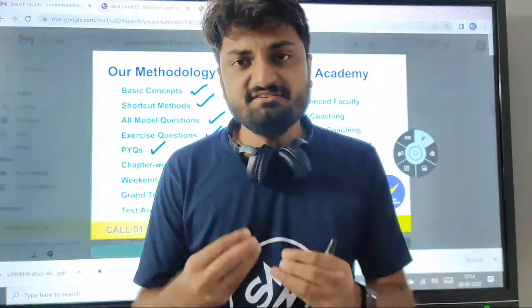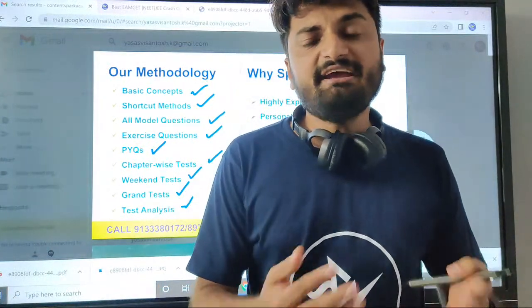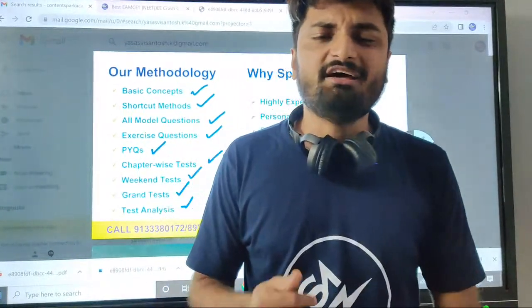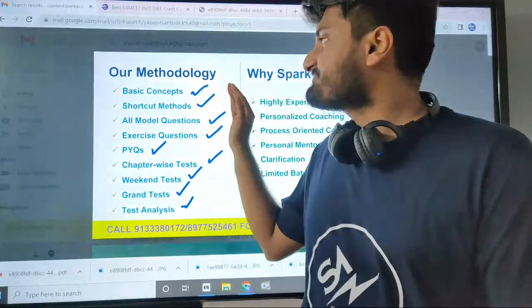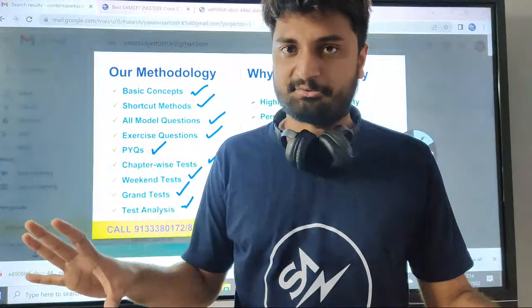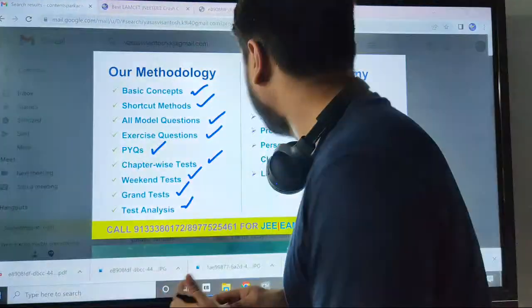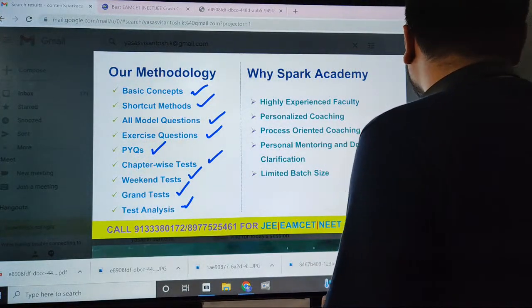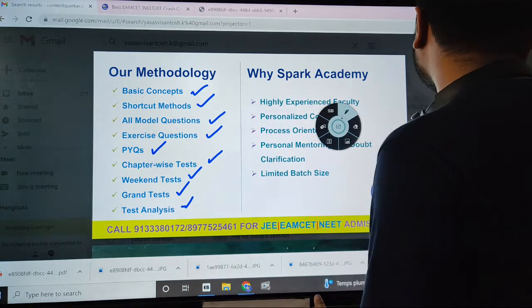But now, since we are in the last leg of our preparation, we have close to 45 days, or in some of the exams less than 45 days left. It is impossible to do all of this. So what you need to do is make a smart plan which will help you cover the maximum, or get a flavor of the maximum.